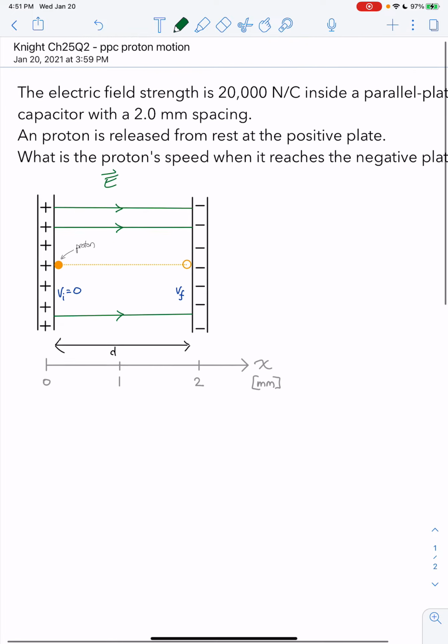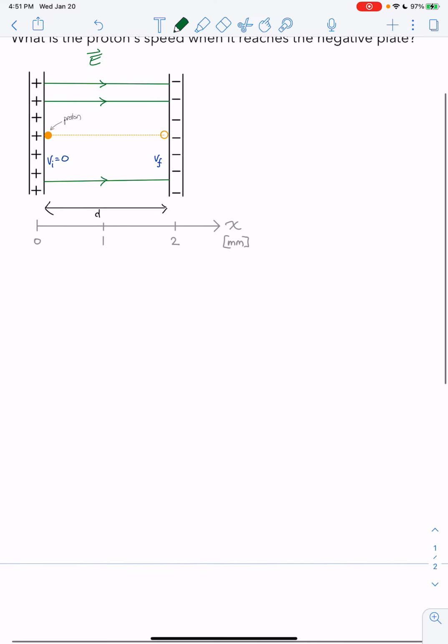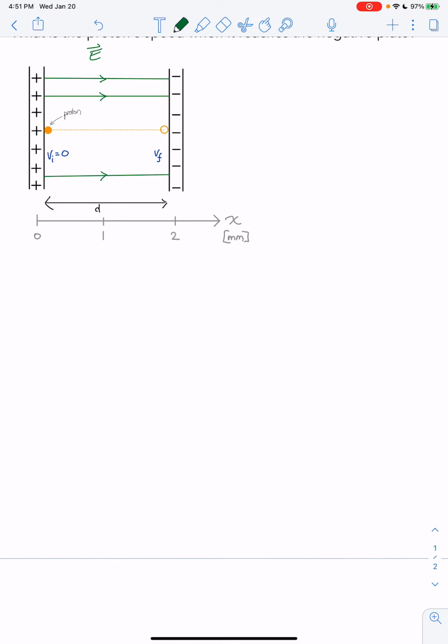So what's really going on here is that we have some electric potential energy in this system, and that's going to be converted to kinetic energy, which is the motion of the proton. So let's take a look at each form of energy altogether, because what we really are doing is a conservation of energy question. Because energy in this system will be conserved.